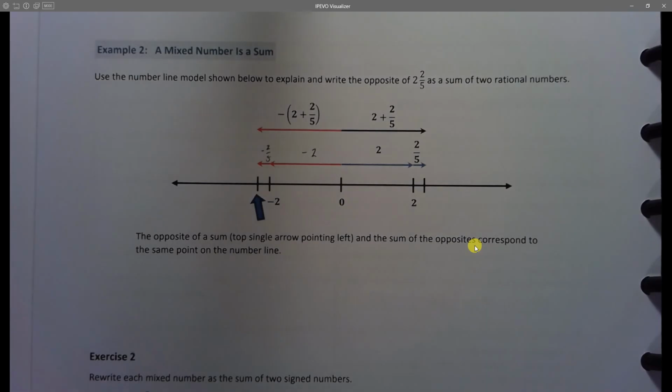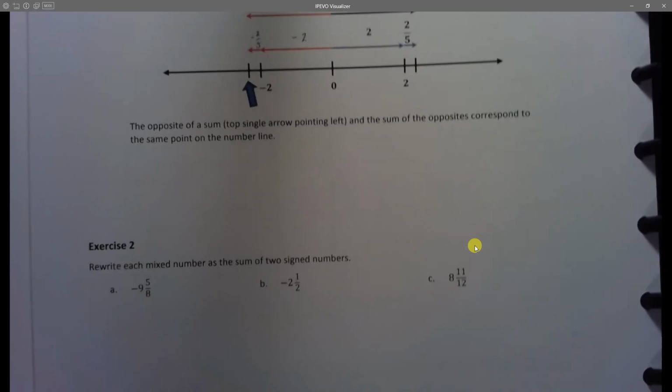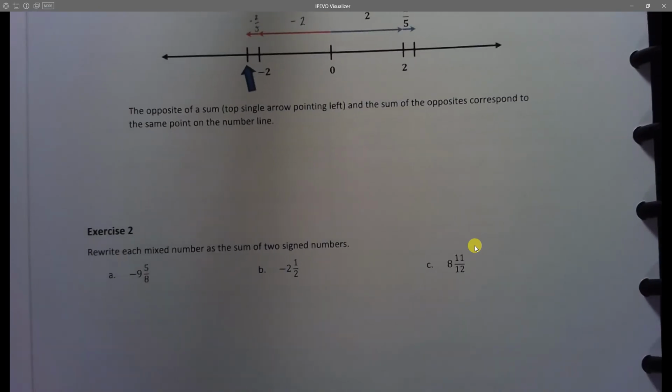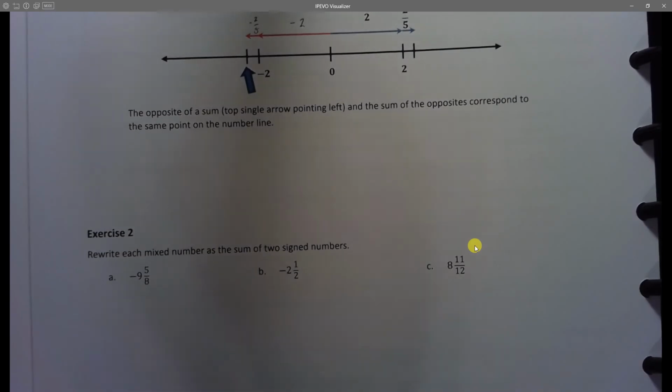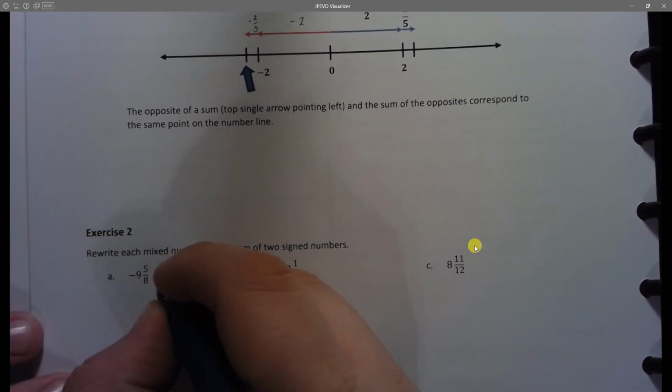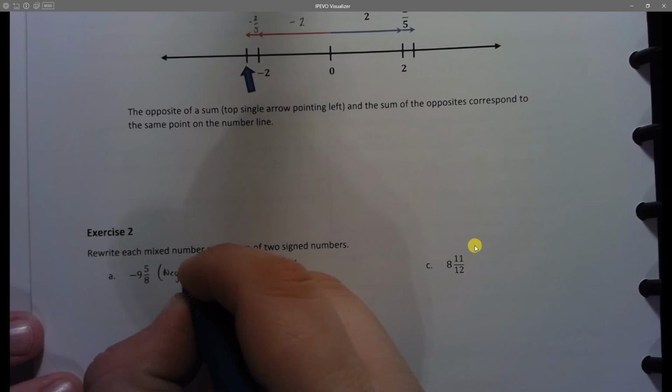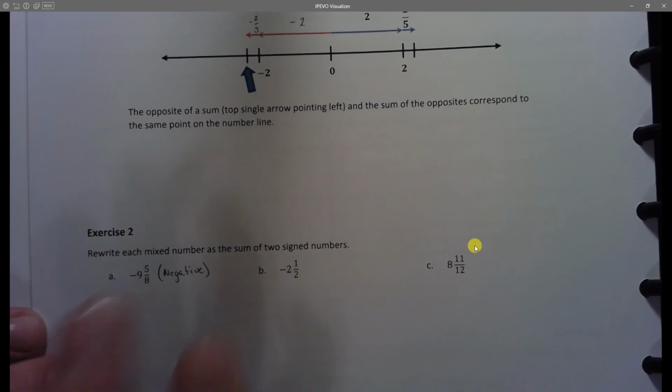So let's get a little bit of practice on this, because this is fascinating. If we can take two numbers out of a mixed number, oh, that's going to be a game changer. So let's see here. I got a negative 9 and 5/8. Well, if I can rewrite this as a sum of two signed numbers, well, let's see. The whole value is negative. So that should mean both numbers are going to be negative if I split it apart.